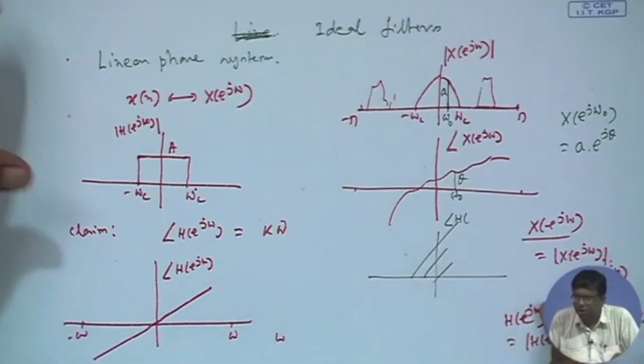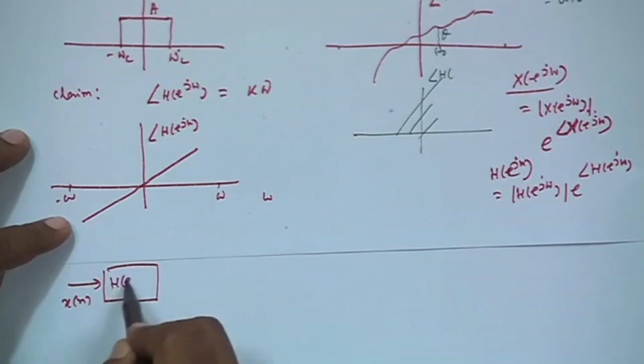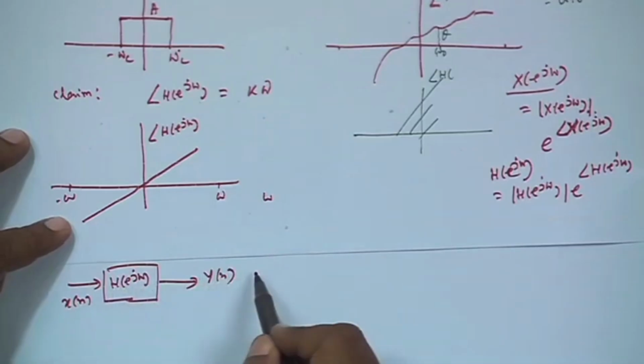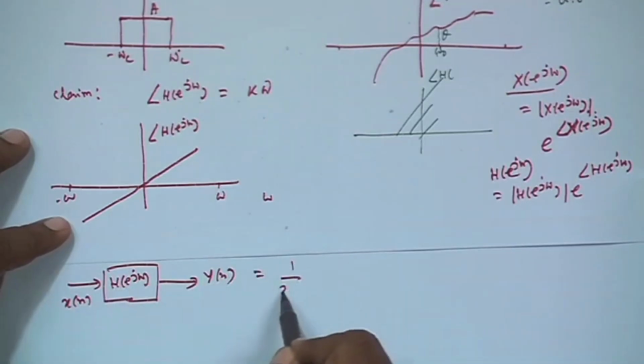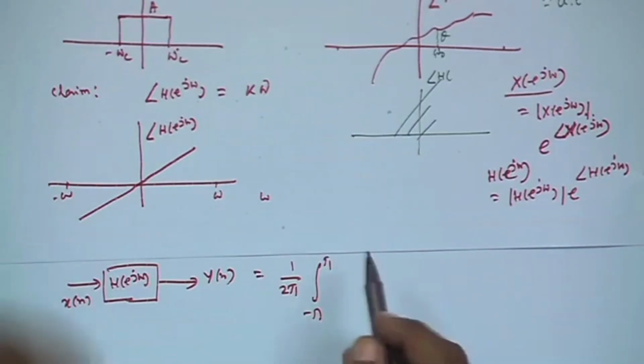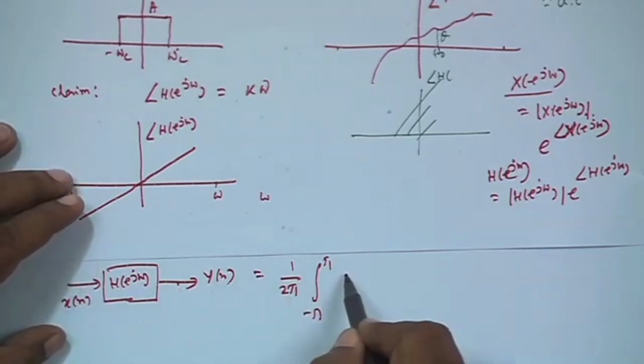Okay. Why? Now, you can easily see here your x n, here is your transfer function H this, and here is your output y n. So, output y n will be what? Inverse transform of output DTFT. What is output DTFT?